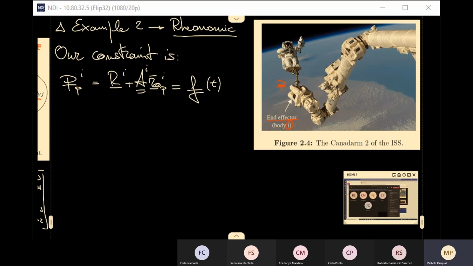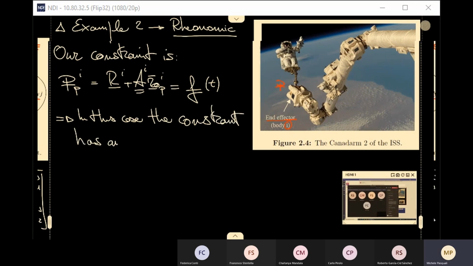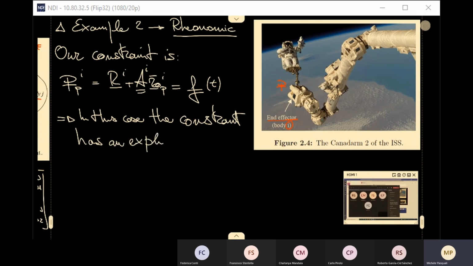Okay? So in this case, the constraint has an explicit appearance of time, because you are prescribing a motion here.